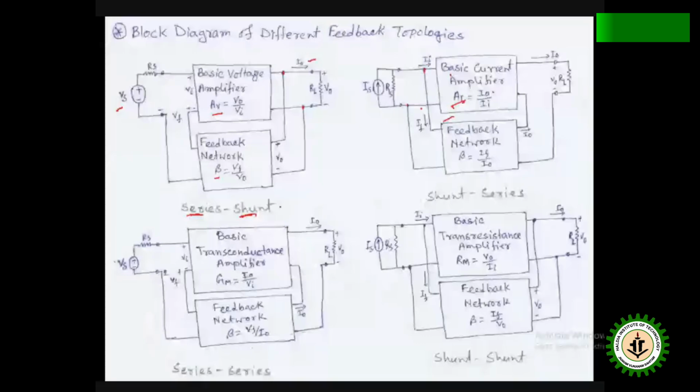So we get the current, the source resistance is parallel. Here Ii indicates towards the basic amplifier, and If indicates towards the feedback amplifier. So Ii is nothing but Is minus If. So here also negative.